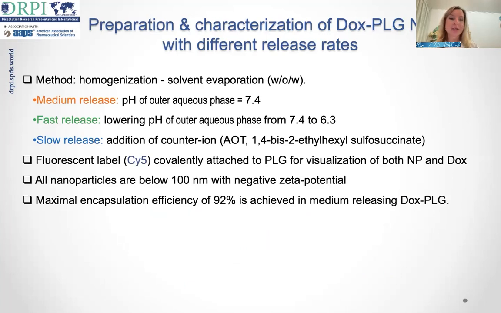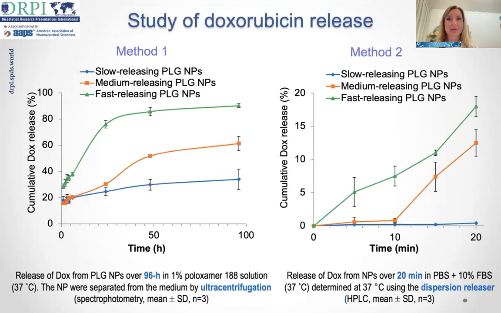The so-called fast-releasing formulation and formulation with medium release, obtained by varying the pH of external aqueous media during nanoparticle preparation, and slow-releasing formulation obtained by the addition of counterion during nanoparticle synthesis that increases the retention of doxorubicin in polymer matrix. All nanoparticle prototypes exhibited an average size around 100 nanometers with slightly negative zeta potential.